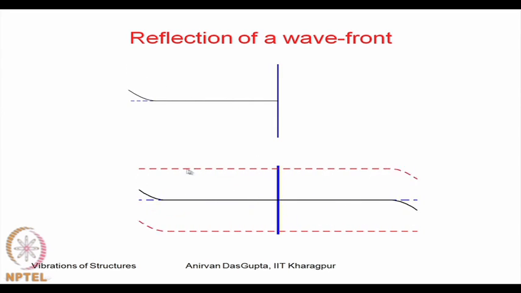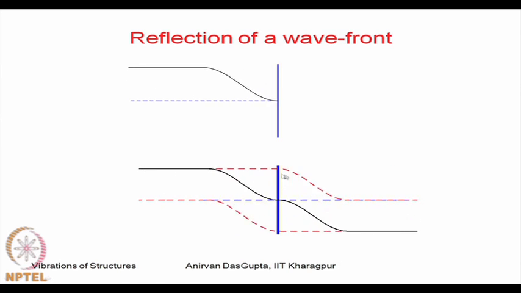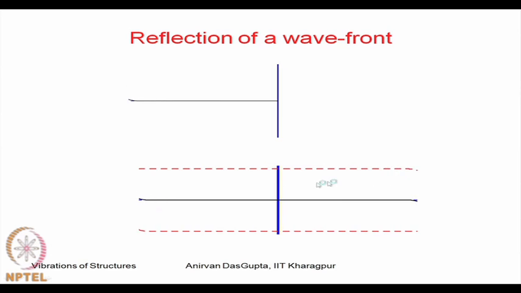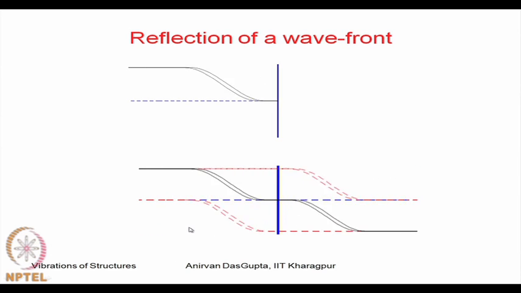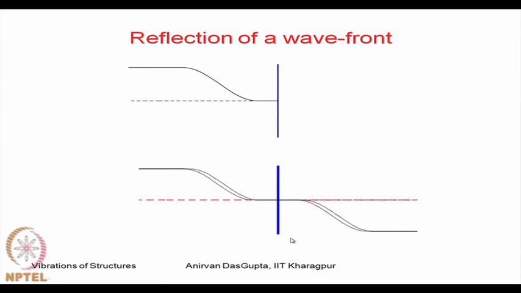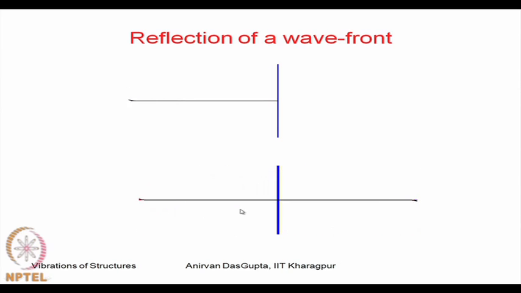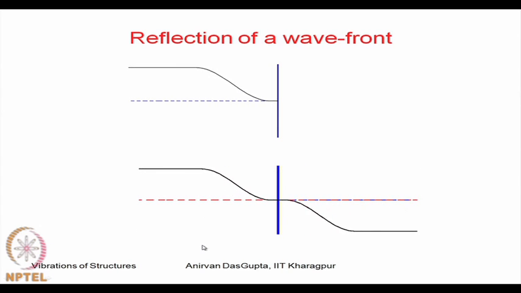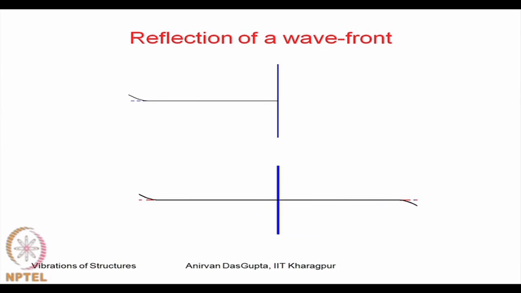Here we find that there is a front propagating, which is this red dashed curve, and there is a negative propagating inverted wave which is because of the reflection, as we have discussed just now. So, the superposition of these two waves is creating the reflected wave. The front comes, hits the boundary and is reflected back.